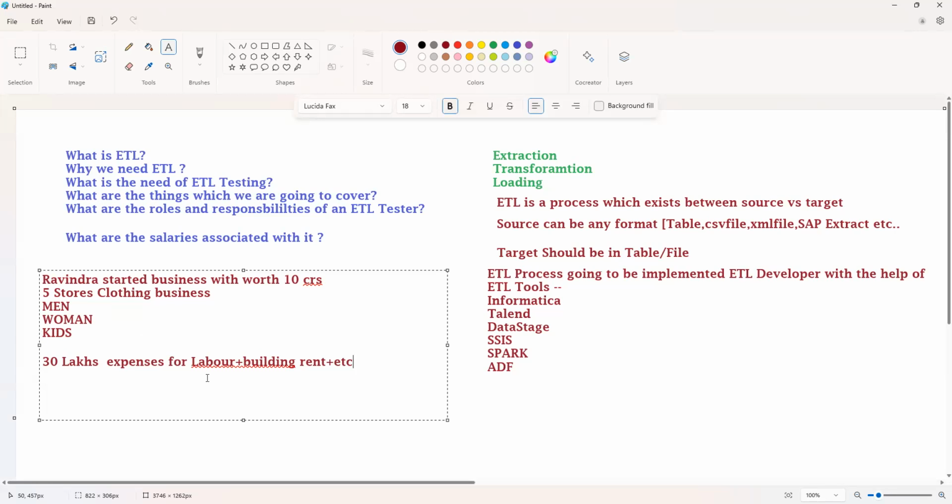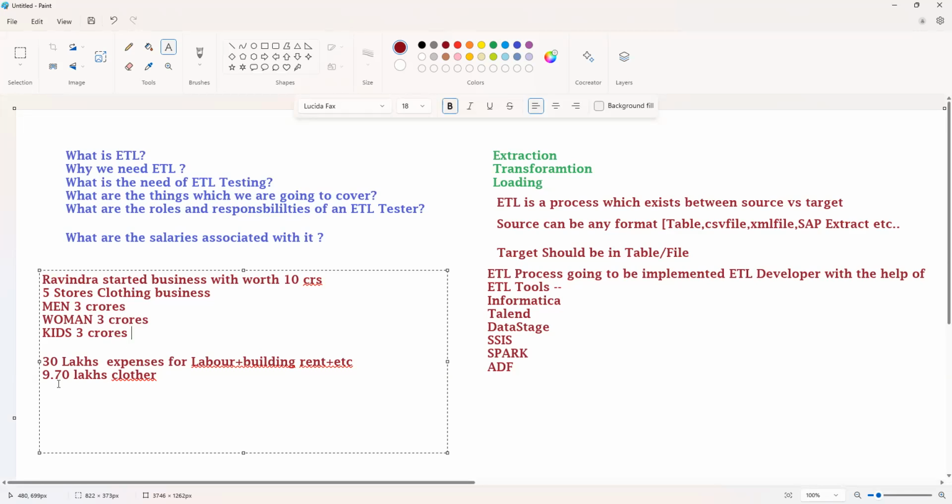Now, whatever he purchased, he purchased with the 10 crore worth. Out of it, 9 crore 70 lakhs, he purchased clothes. Let's consider 3 crores men, 3 crores women, and 3 crores again kids.